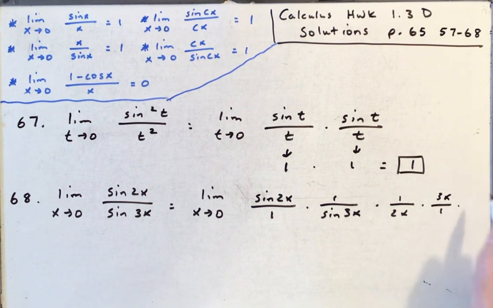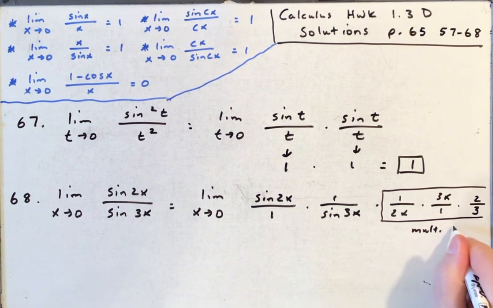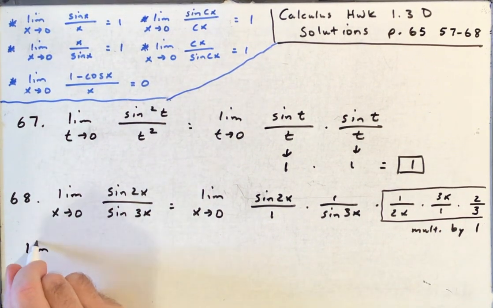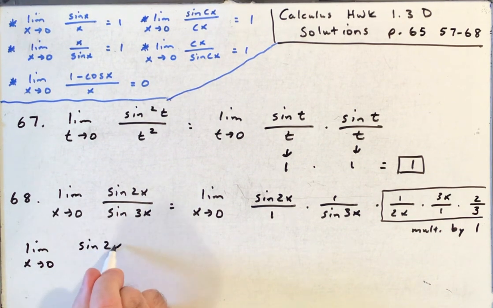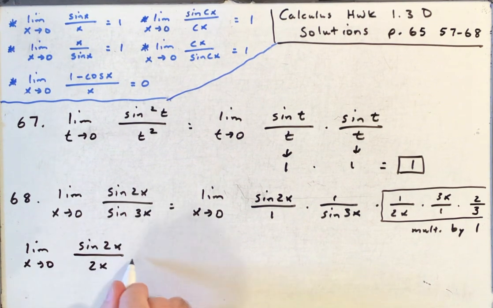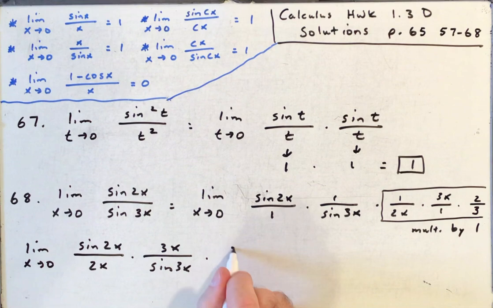So I've got to compensate by multiplying by what? If I multiply the whole thing by 3 halves and want it to be the same equation, then I have to multiply by 2/3. This whole thing is just multiplying by 1, isn't it? Which is totally legal. So let's rewrite this as the limit as x approaches 0 of sine 2x over 2x times 3x over sine 3x times 2/3.